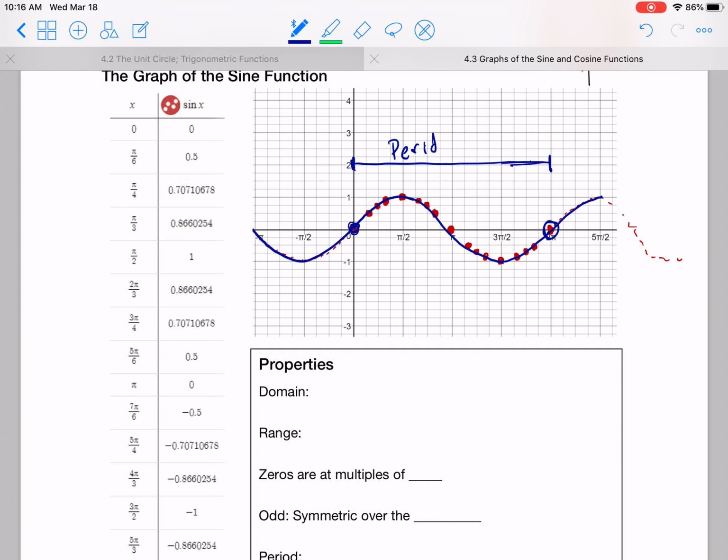In this case, not always, but in this case, this period equals 2 pi, because we started at 0 and we got over here to 2 pi before we finished one full cycle and it repeated. All right. We can also name the amplitude.